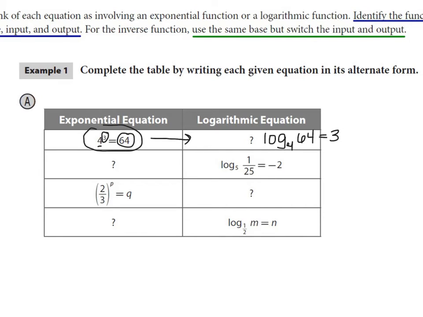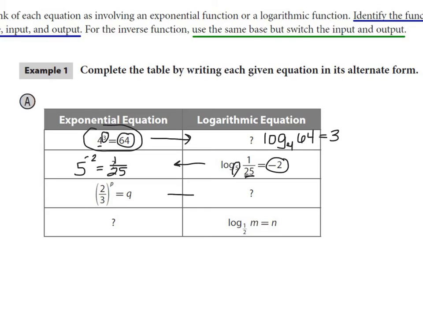Well, let's go in reverse this time. My base is this number 5, so that becomes my base. The output, which is -2, becomes my input. The input over here becomes my output. And you can see that that makes sense, that 5 to the -2 power is 1 over 25.